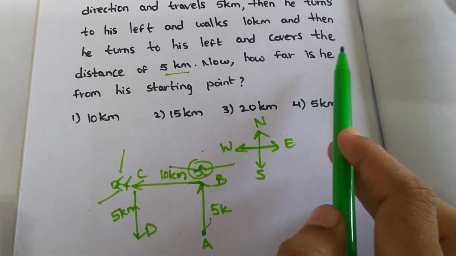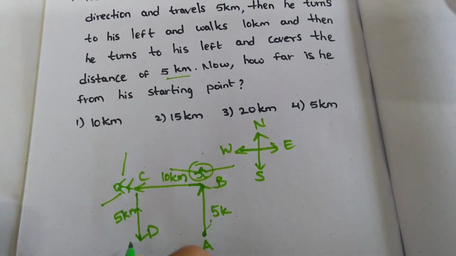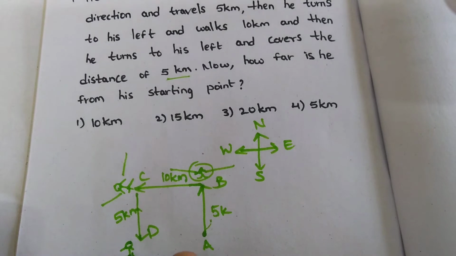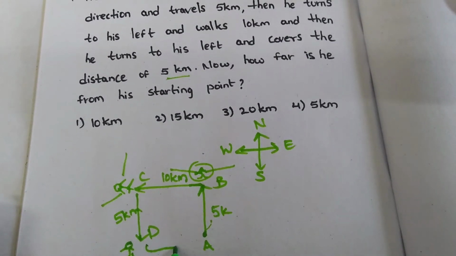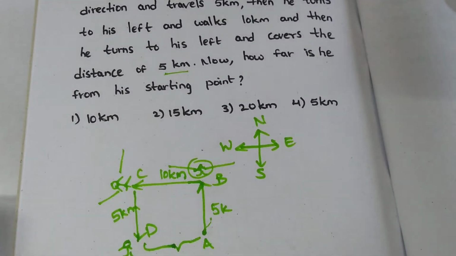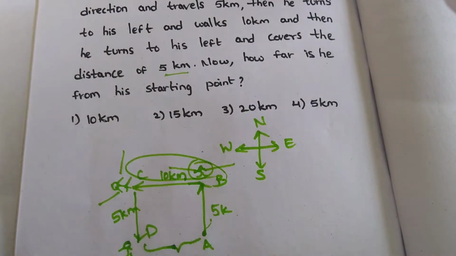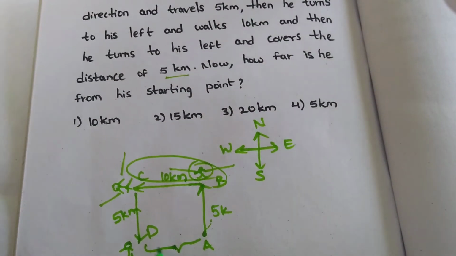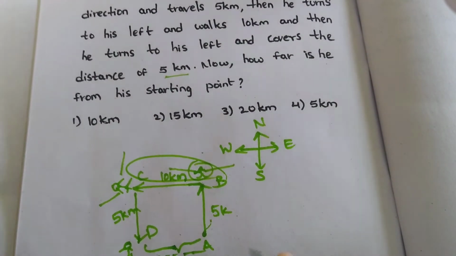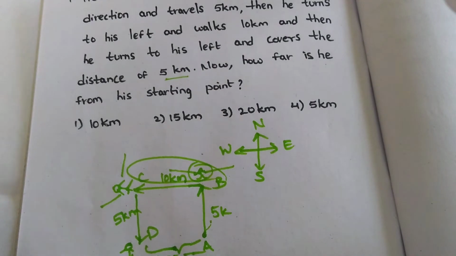Now, how far is he from his starting point? Here, BC equals AD. What is the distance between B and C? 10 kilometers.